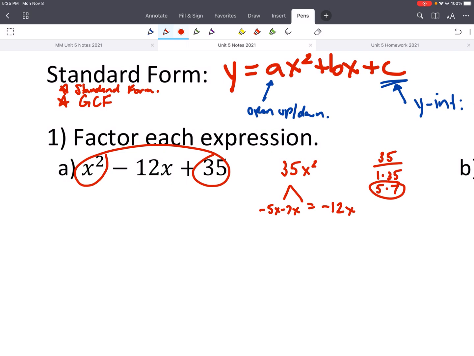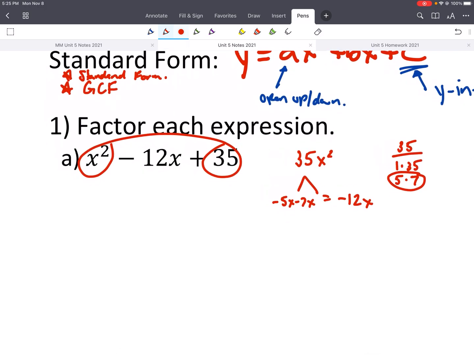We also talked about using a shortcut if A is 1. And if that's the case, then we can write our answer really quick. So it was x minus 5 and x minus 7. Again, this only applies if A is 1, or there's not a number in front of the x squared term.